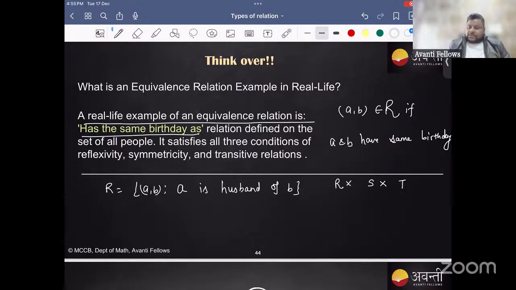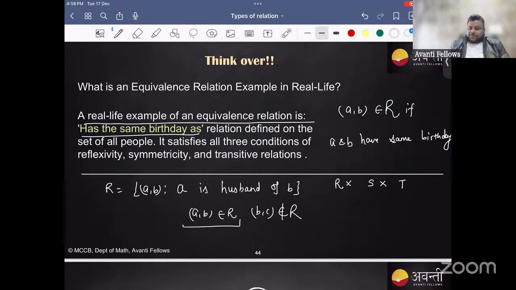Now, is it transitive? Yes. Why so? Because if a is the husband of b, meaning (a, b) belongs to the relation, then (b, c) won't belong to the relation, because a is the husband of b means b is a female. So further, b cannot be the husband of anybody else. Am I clear?